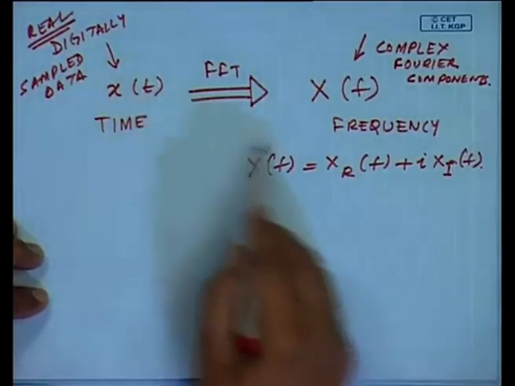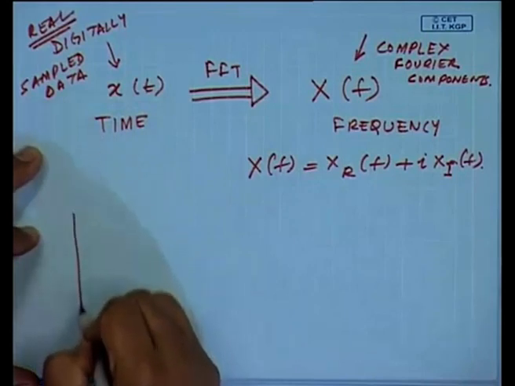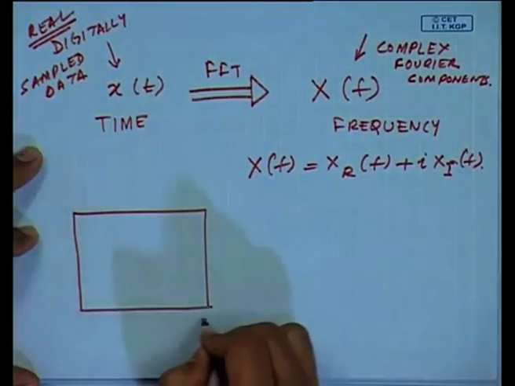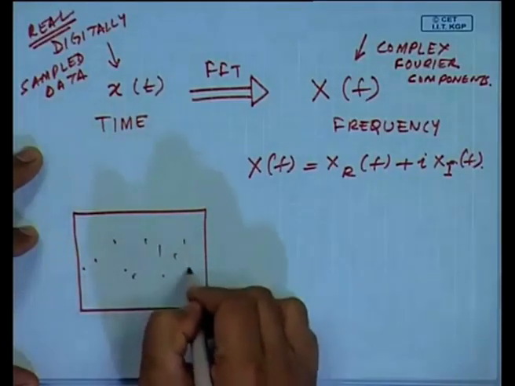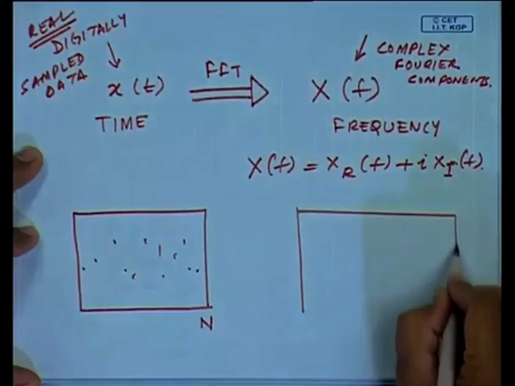But then I need to know what is the relationship between this time and frequency. For example, if I have n blocks of time data, in the frequency domain, what happens?